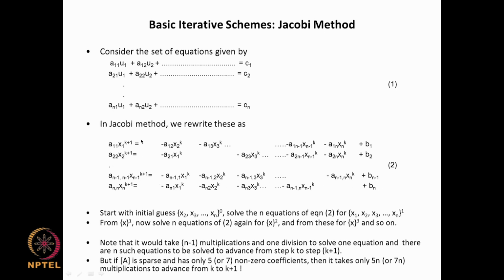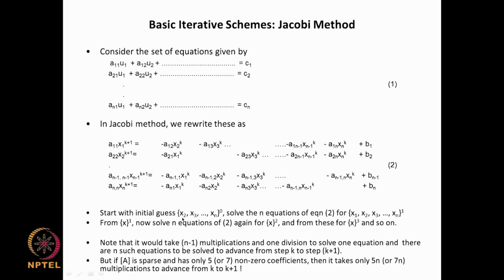So in each case, by rewriting it like this, we can evaluate x1^(k+1) by doing all these multiplications with the previous values of x and then subtracting from b1 here and dividing the result by a11 to get x1. Similarly for x2 and so on. So you solve each of these equations for x1, x2, x3, up to x_{n-1}, xn.